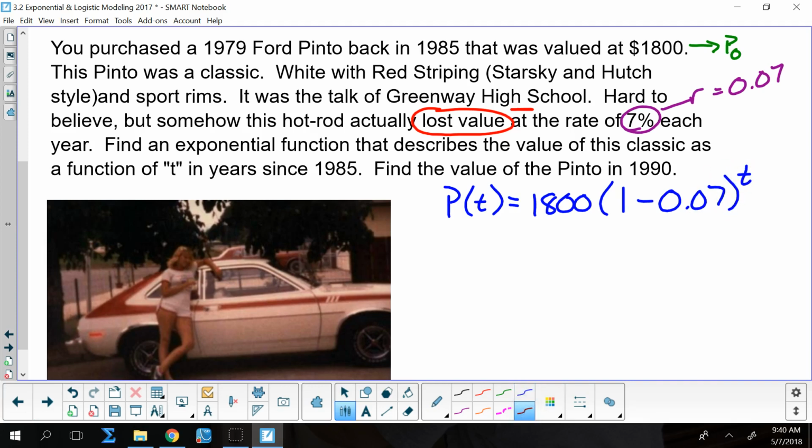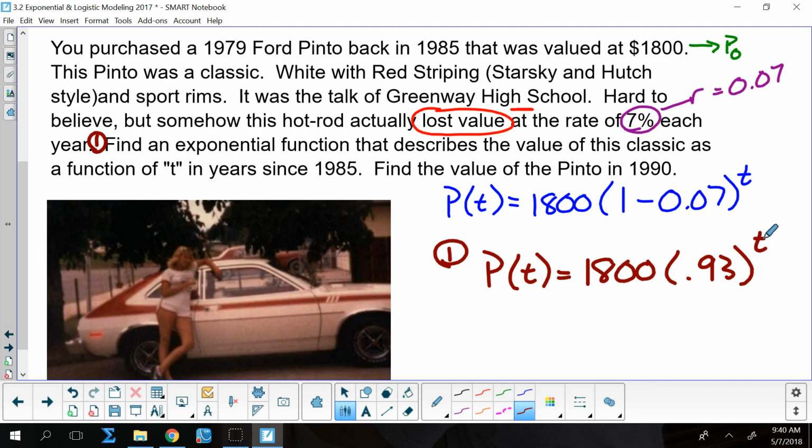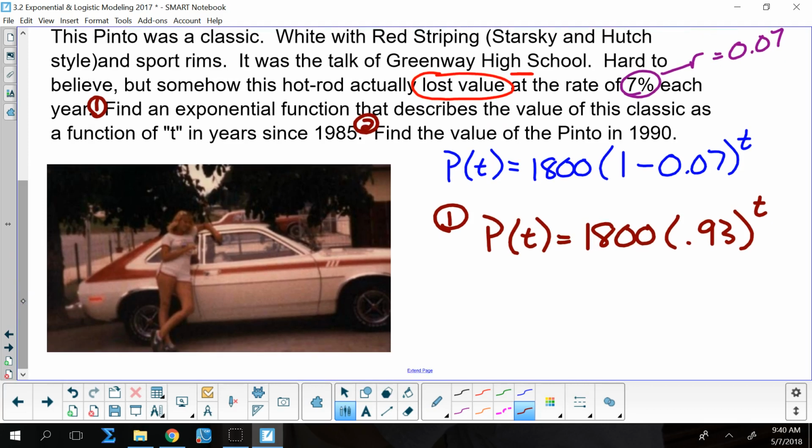So in answer to my first question, find me an exponential function, P of T is going to equal 1800 times 0.93 to the T power. Do we all agree with that? All right. Based upon that, the second question is, what is the value of this rockin' red and white Pinto in 1990?